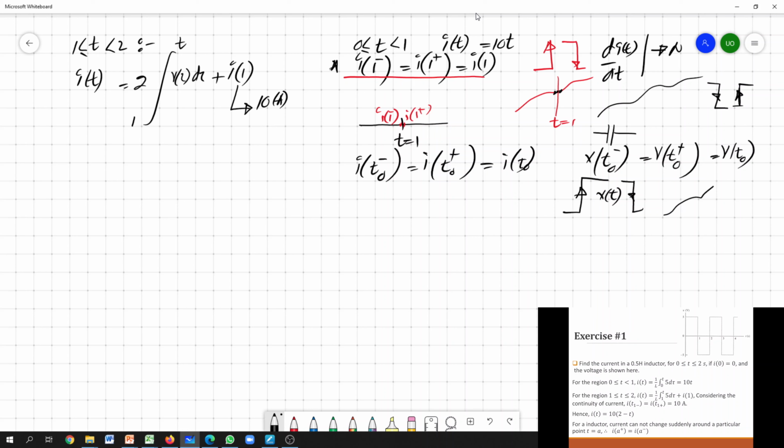Again for capacitors, the voltage variation across the capacitor plates should be smooth and continuous. So this is valid for the inductor, and this is valid for the capacitor.